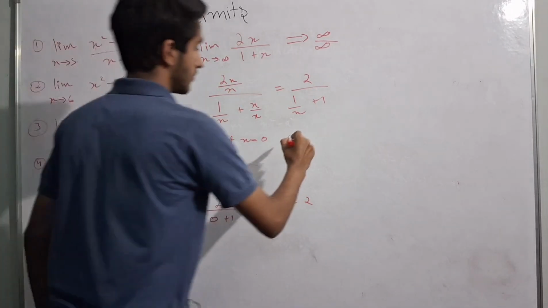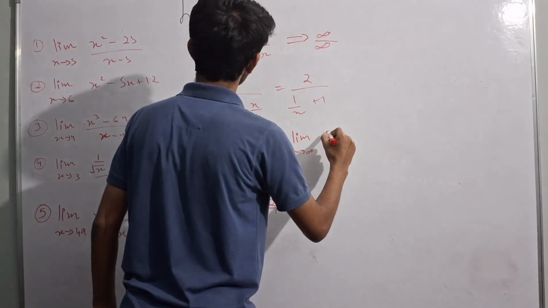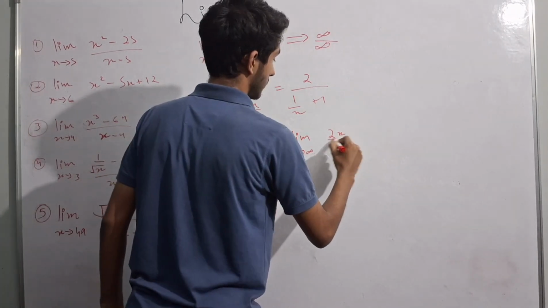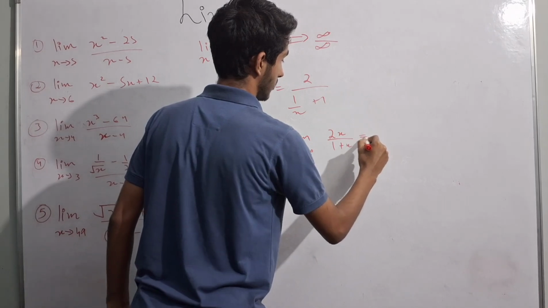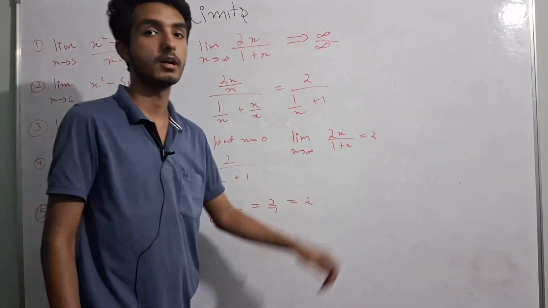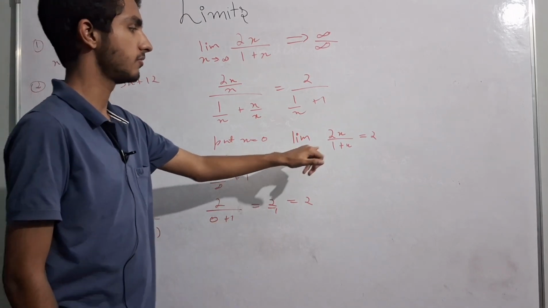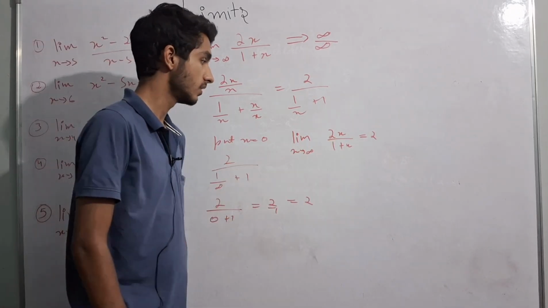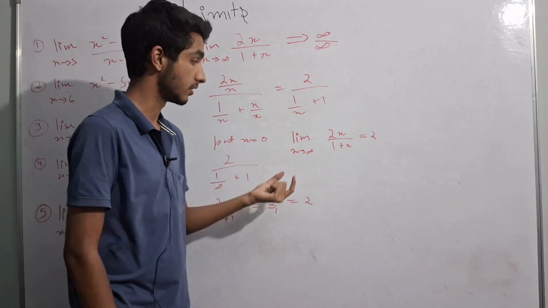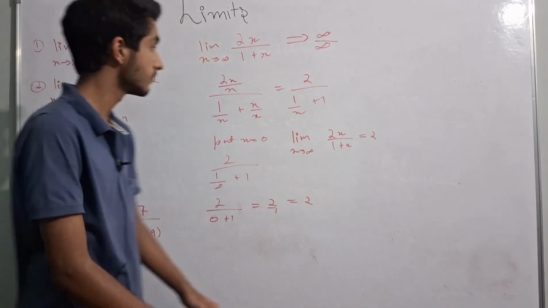So I can write it as limit x tends to infinity, 2x upon 1 plus x is equal to 2. That means the closer x is to infinity, the closer we get to 2. But actually x will never get to infinity and we'll never get the fraction as 2. So it's just a fancy way to write the closer we get to infinity, the closer we get to 2.